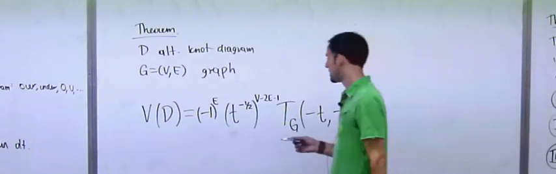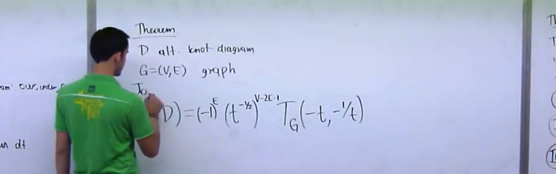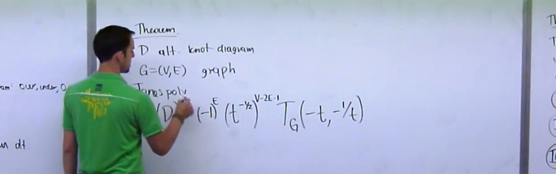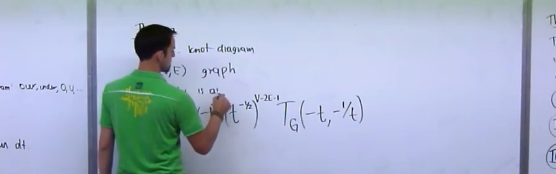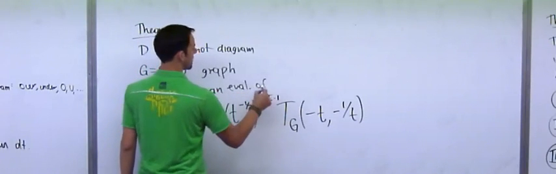That's it. So the Jones polynomial is an evaluation of the dot polynomial.